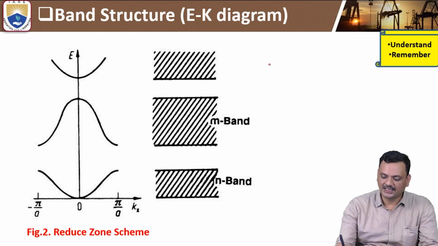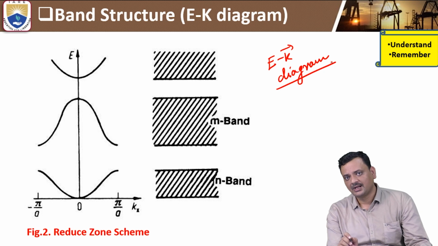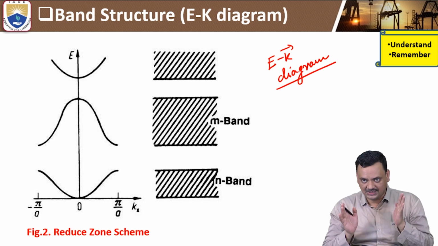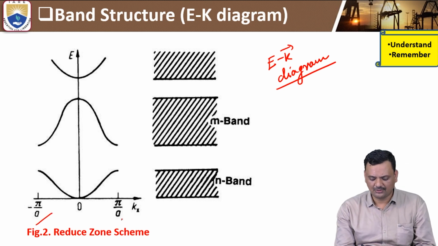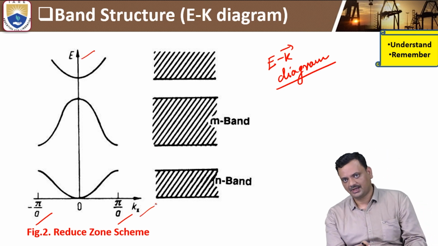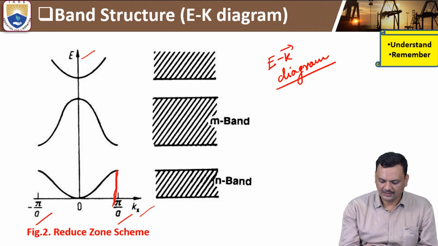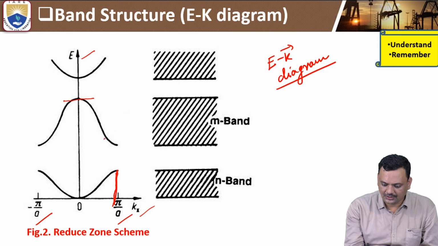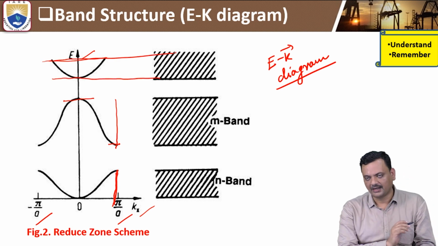Okay, so this is the E-k diagram, and this diagram is restricted in a region between minus pi by a to pi by a. E-k diagram means E versus k curve. Okay, so this is your band. This is also your band. Now this is also one band.